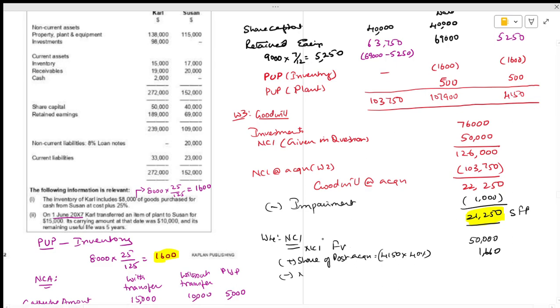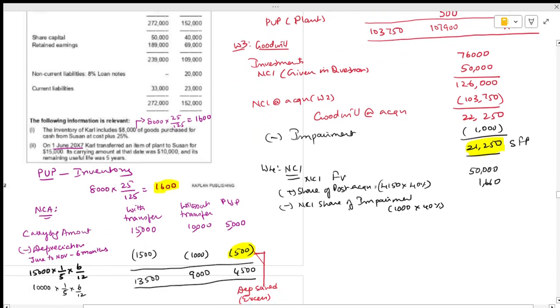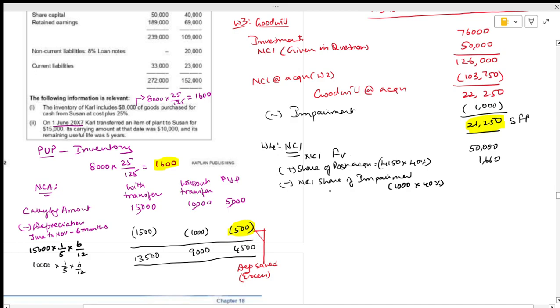Less NCI share of impairment, 1,000 into 40%, 400.